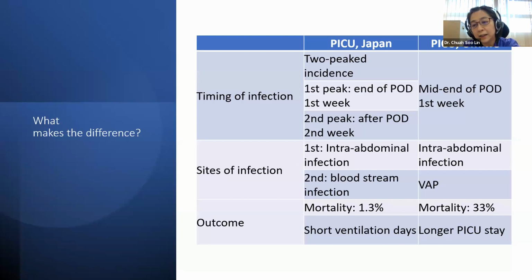We are slightly lower, about 24%. And of course, as I mentioned before, their outcome is good, with a mortality of about 1.3% compared to ours, 3%. They have shorter ventilator days and shorter PICU stay.